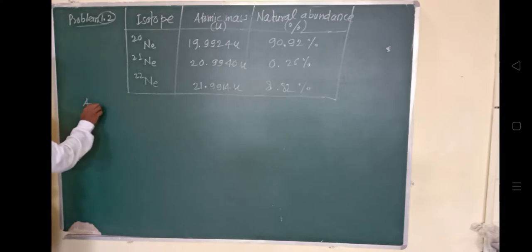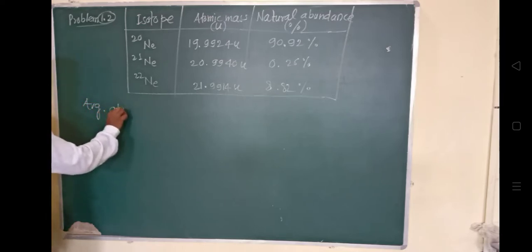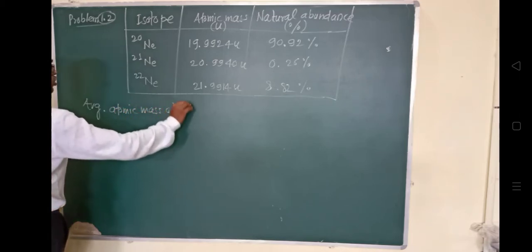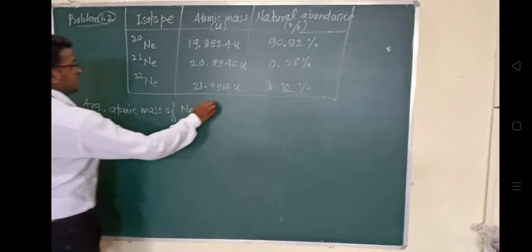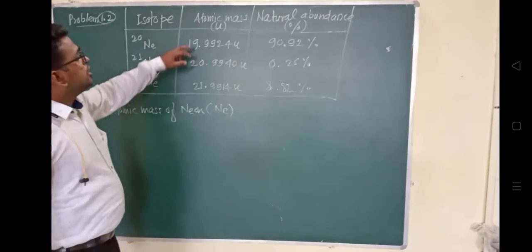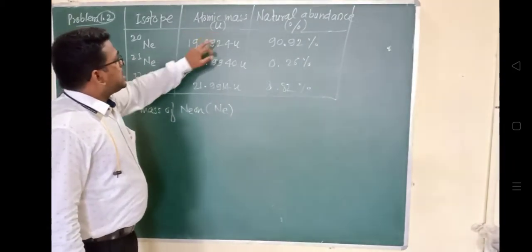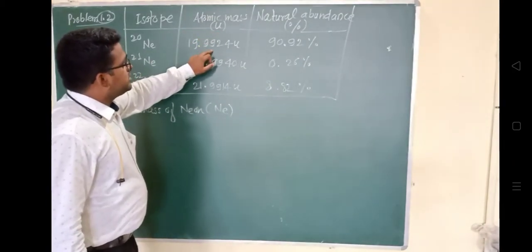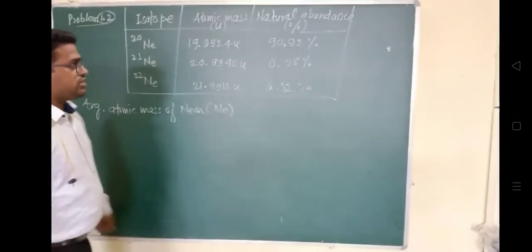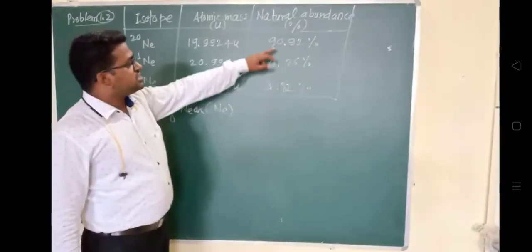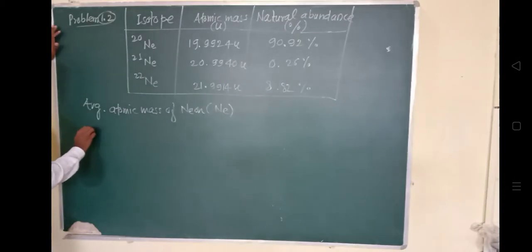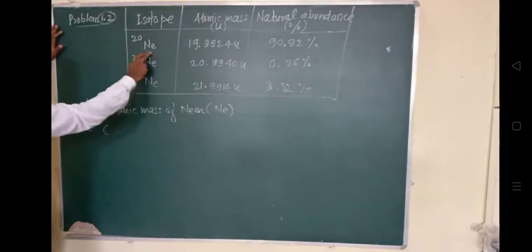Yesterday we saw a problem in which the atomic mass in unified mass is multiplied with the natural abundance, and we average it. Out of 100 percent, if it is 90.92 percent available, we will write the following.